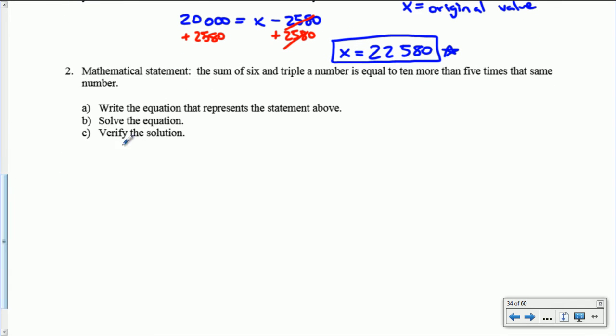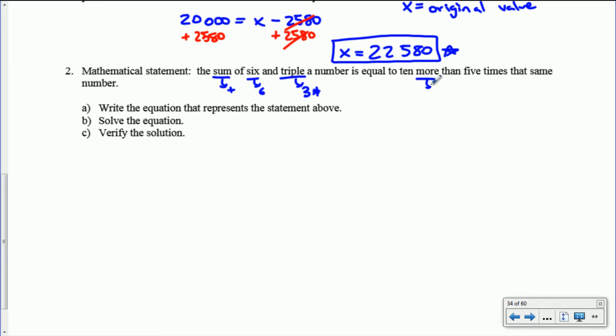Alright, moving on. Number 2. The sum of 6 and triple a number is equal to 10 more than 5 times that same number. So a lot of information to parse there, I guess. So we need to just break it down. So the sum, so that's telling us to add, of 6 and triple a number. So 6 and triple a number, so 3 times a number, is equal to 10 more.